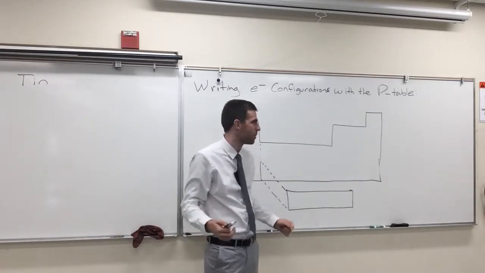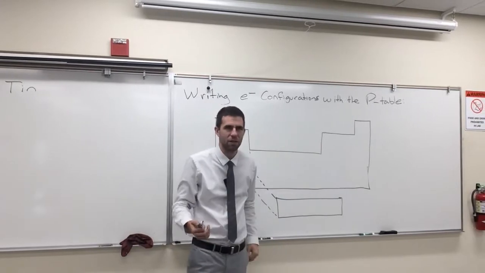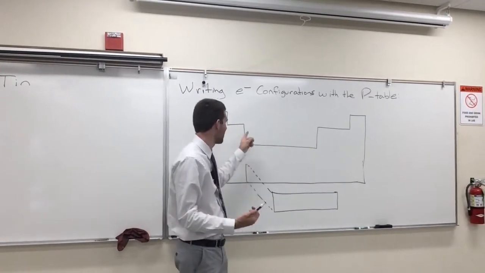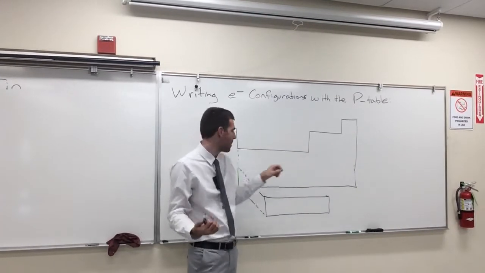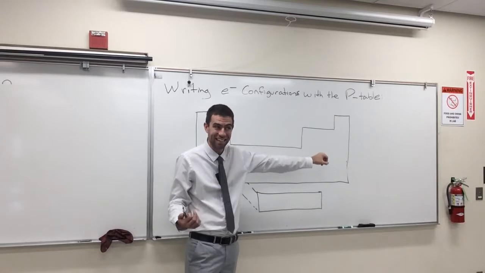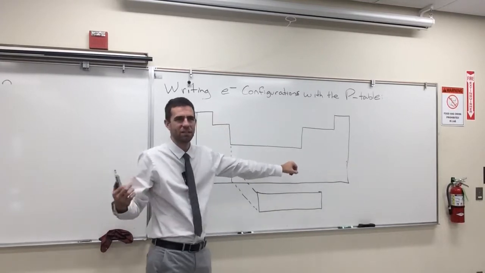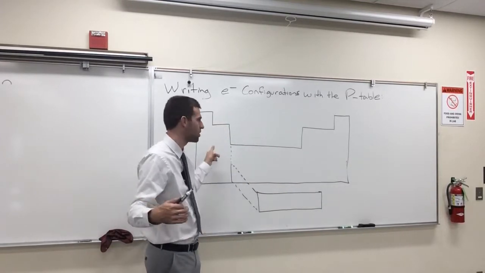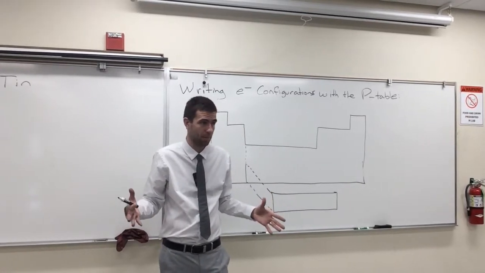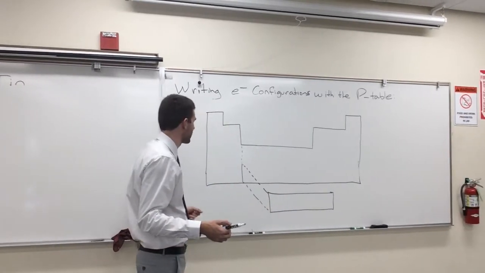So if we look at the periodic table, what about the top row? How many things are there? 2. How about the next row down? There's 8 things across. How about down here in this row? 18 things across, right? The reason is because we can pack more electrons into one energy level. Got it? Okay.